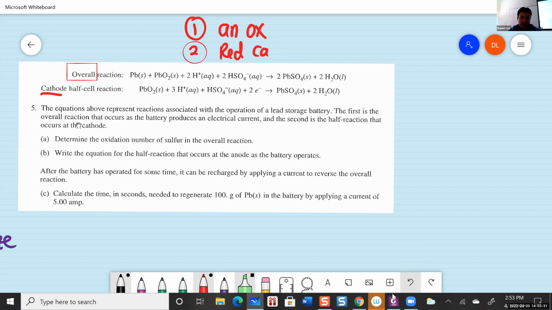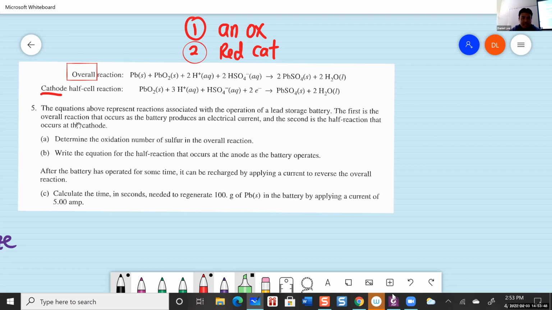They have to add up to the overall reaction. This is a play on Hess's law: the oxidation half and the reduction half, the anode and cathode, have to add up to the overall.